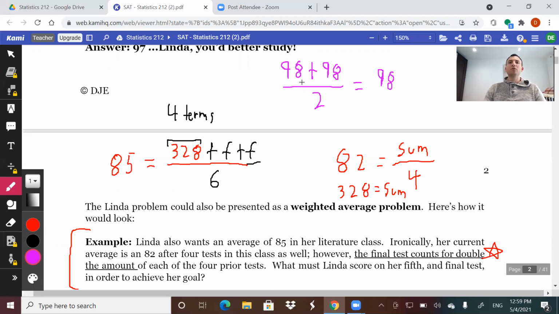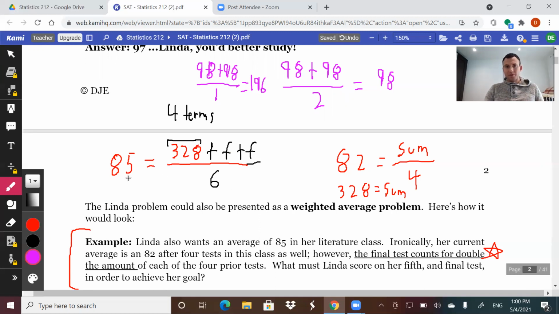Well, if you just put a 1 in the bottom, 98 plus 98 divided by 1, you're going to get an average way over 100%, right? You're going to get an average of 196. So that's why, if it counts as double, you have to write it out twice and count it twice in the denominator as well.